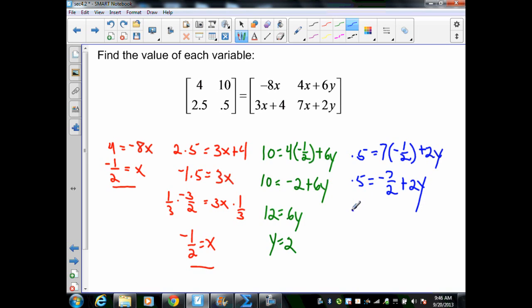I know that that's going to be 0.5 equal to, and a -7/2 is a -3.5, plus 2y. I'm going to add 3.5 to both sides. That's going to give me 4 equals 2y, or y is equal to 2. And that's exactly what I needed to come up with. So the values of x and y are respectively a -1/2 and 2.